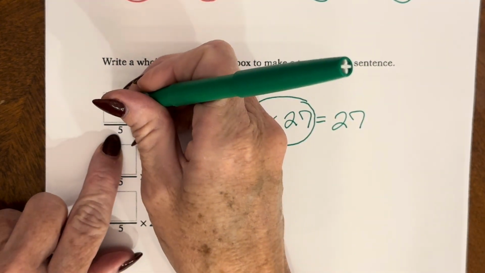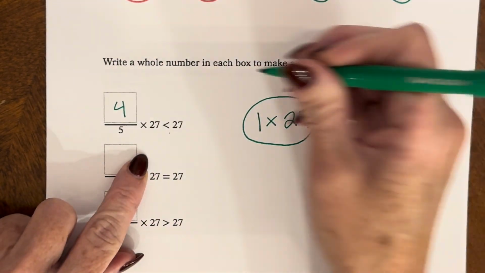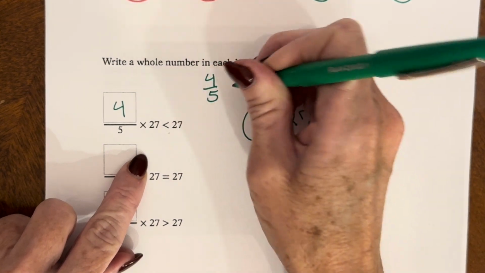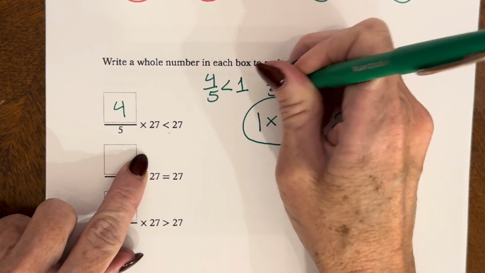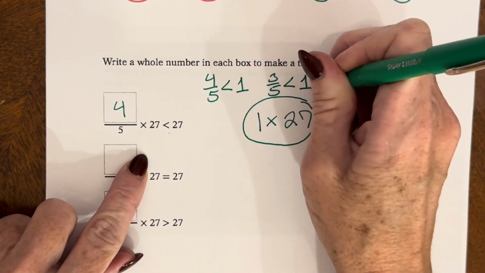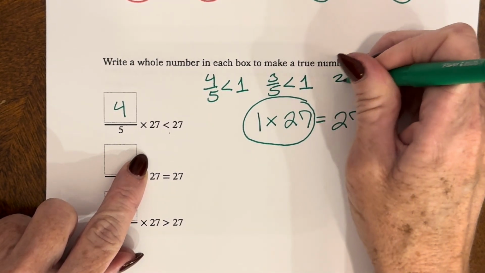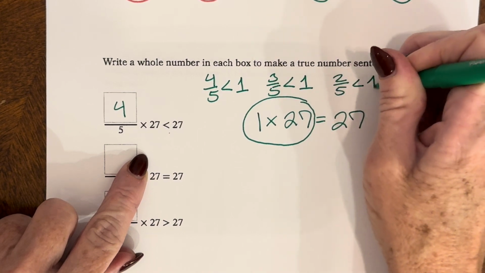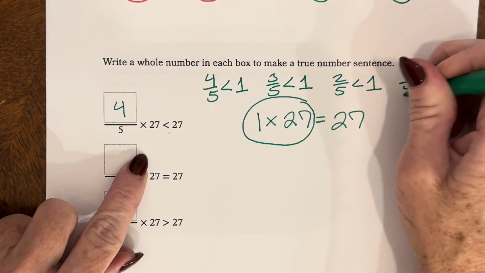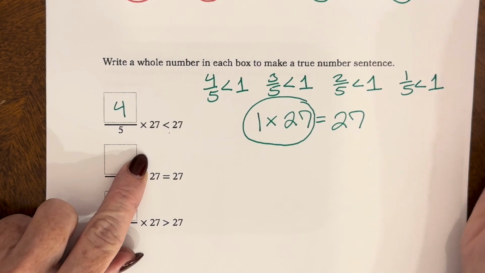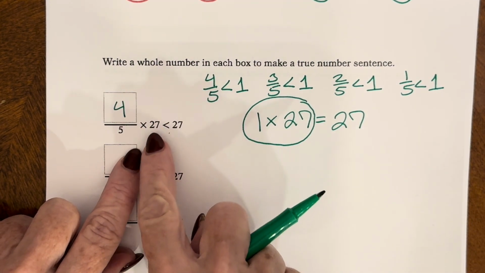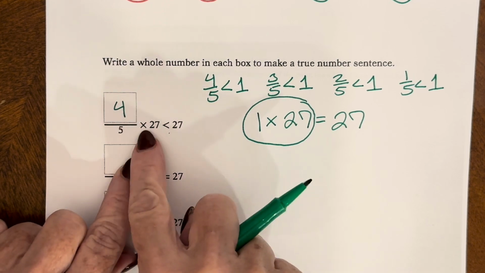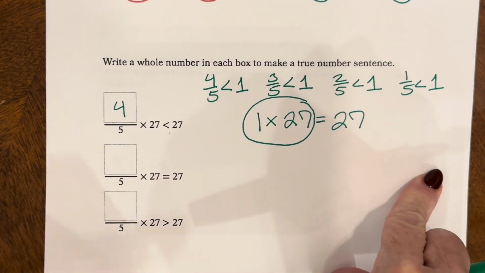Well, I could put a 4 because 4/5 is less than 1. We could have also put a 3 because 3/5 is less than 1. We could have even put a 2 because 2/5 is less than 1, or a 1. So any fraction that is less than 1 is going to make multiplying it by 27 less.